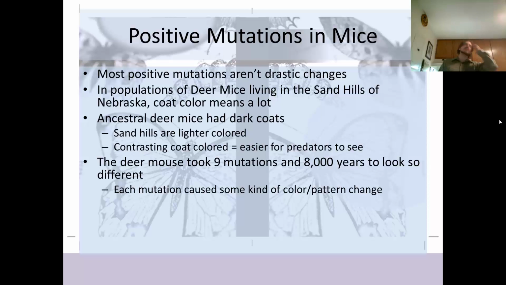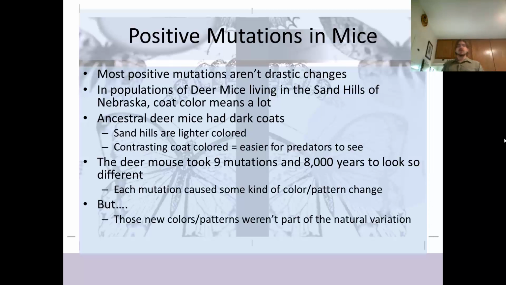That's hard to imagine. 8,000 years ago, Rome had not yet existed. Egypt was a twinkle in the African population's eyes. 8,000 years is a long time just to get a change in coat color. Mutations are not instant, even though there are some mutations that do confer a big bonus.